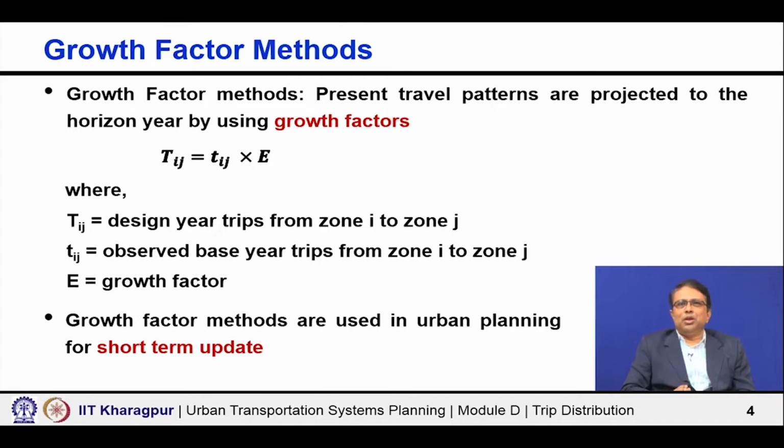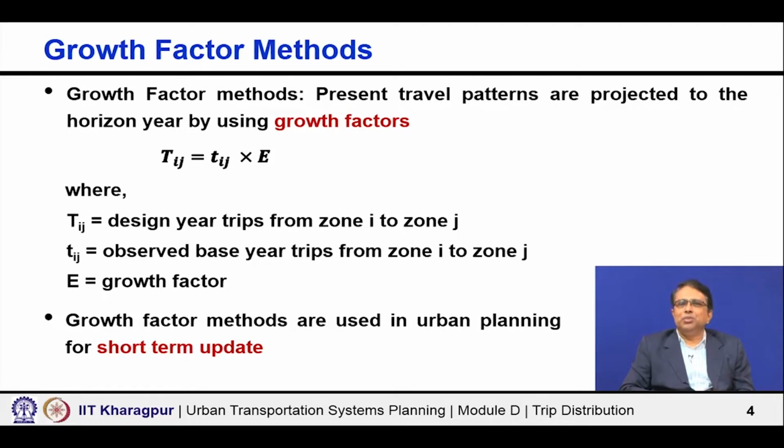One growth factor based model is different from another growth factor based model. But in every case, the small tij, that is the present or base year element, is known to us, and we apply a factor called the growth factor to that to get our future value of that cell, that is capital Tij.